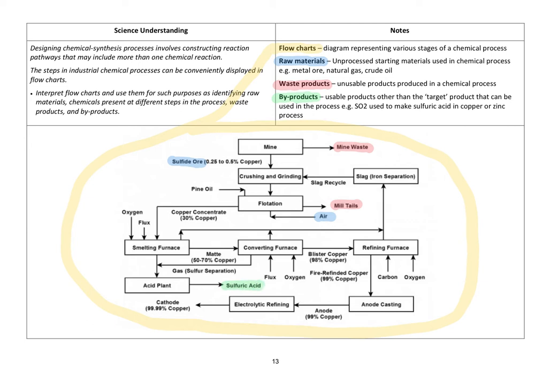It doesn't show where the sulfuric acid goes back in. It's not the best flowchart in the world. We'll talk about an acid plant here. Often we have products that get used which aren't the intended product but may still be useful. That's what we refer to as a byproduct.